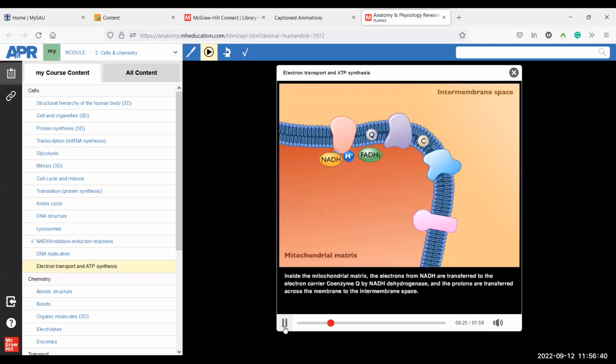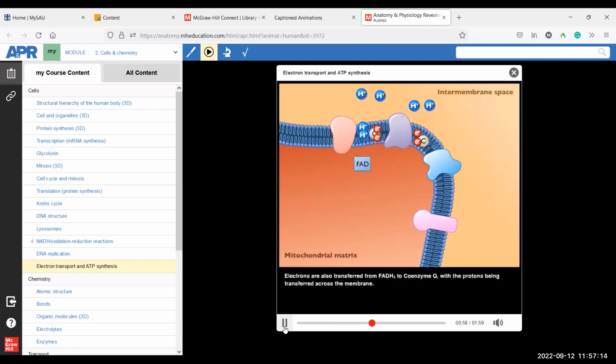Inside the mitochondrial matrix, the electrons from NADH are transferred to the electron carrier coenzyme Q by NADH dehydrogenase, and the protons are transferred across the membrane to the intermembrane space. Coenzyme Q carries the electrons to the cytochrome BC1 complex. As the electrons move from the BC1 to cytochrome C, more protons are carried from the inside to the outside of the membrane. Electrons are also transferred from FADH2 to coenzyme Q, with the protons being transferred across the membrane.